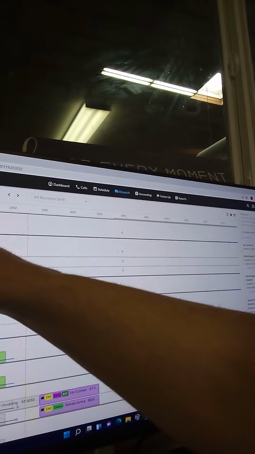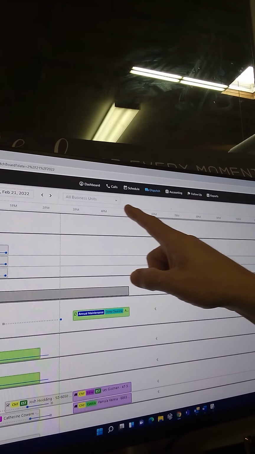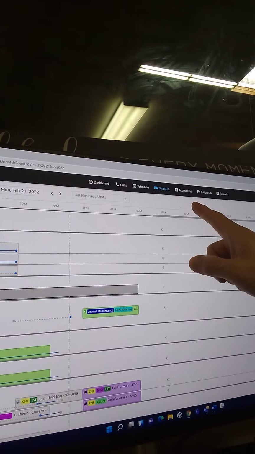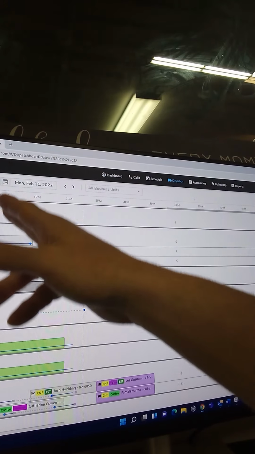Service Titan is what Patrick or anyone in the back office is working on to see where everybody has to go. Service Titan has the time of the day going from left to right across the screen. So let's say Patrick gets in the office at 7 a.m. in the morning. 7 a.m. is going to be around right here.